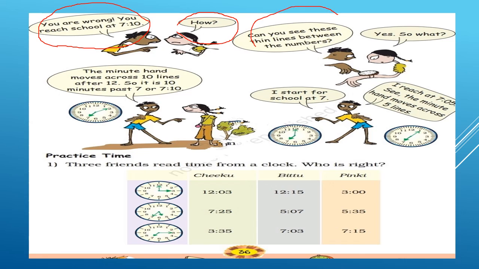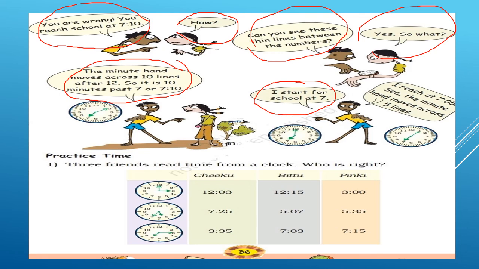Can you see these thin lines between the numbers? Yes, so what? The minute hand moves across 10 lines after 12. So it is 10 minutes past 7 or 7:10. I start for school at 7 and I reach at 7:05. See, the minute hand moves across 5 lines.